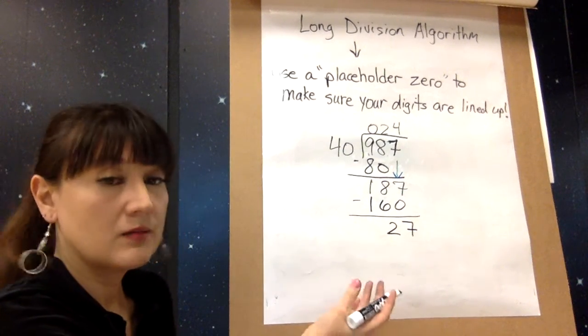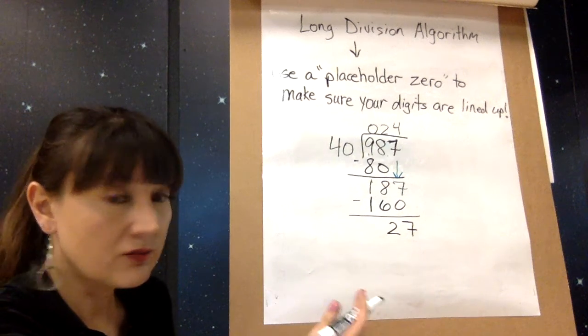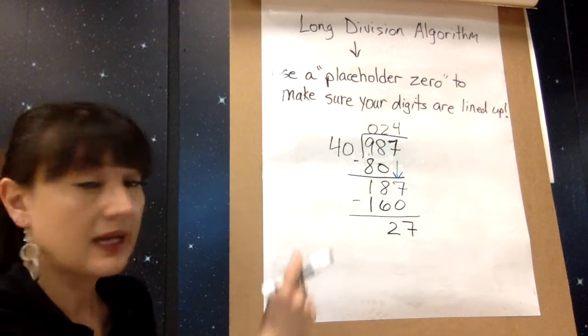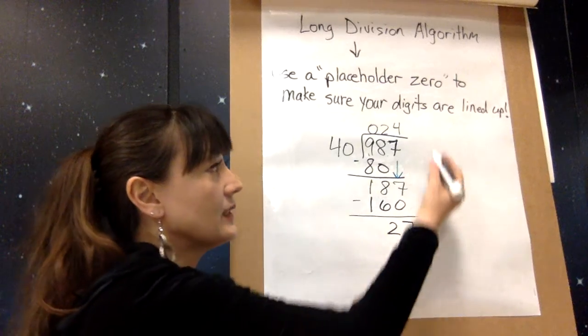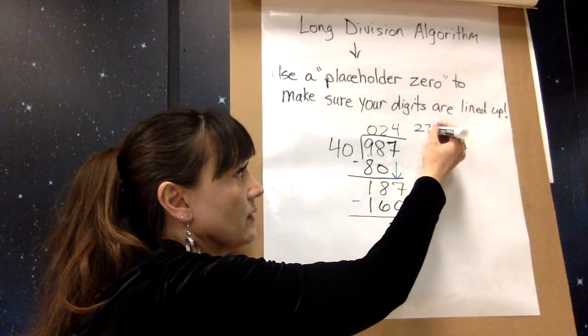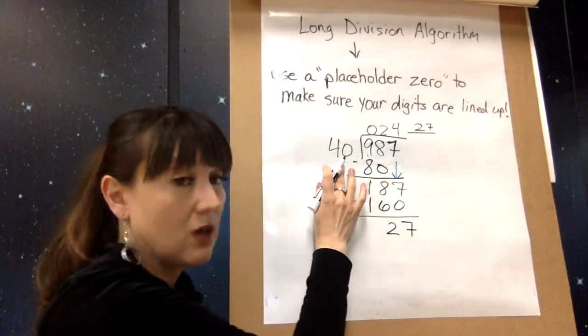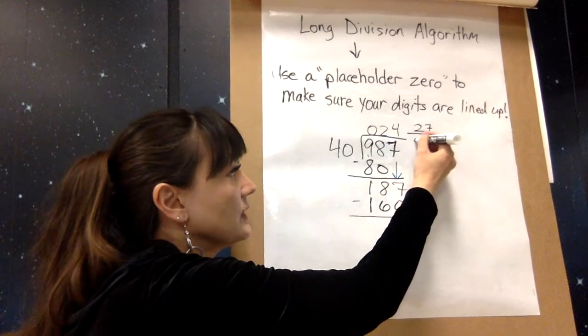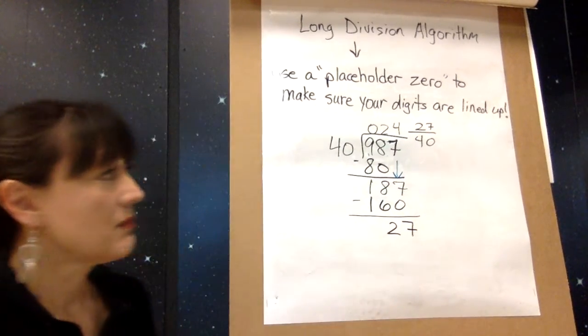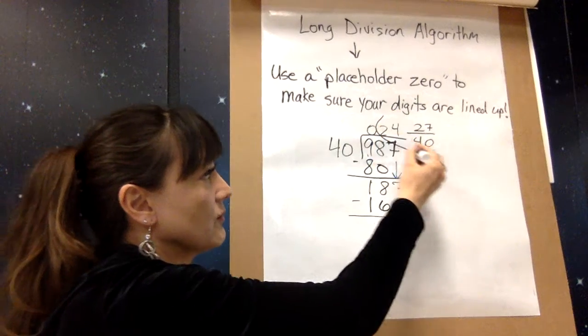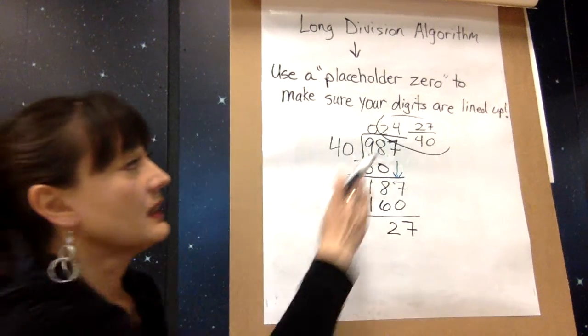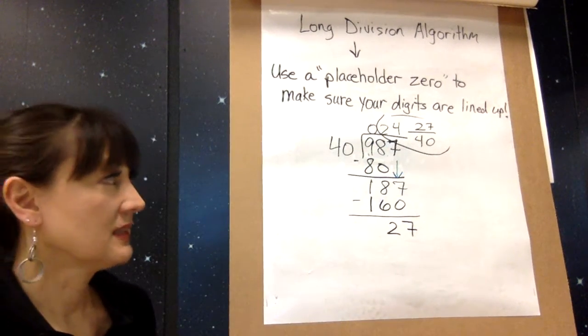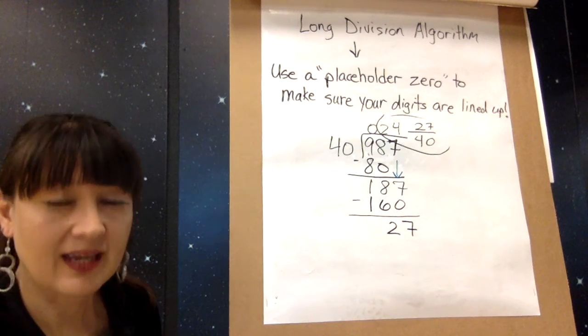And again, I'm not going to use the R for remainder, but I'm going to create a mixed number. So 27 will be my numerator, and my divisor is always my denominator, which is 40. And my answer is 24 27/40. And that's my answer.